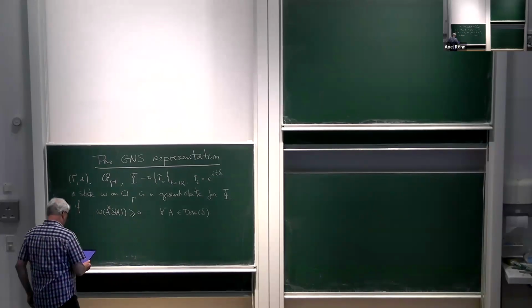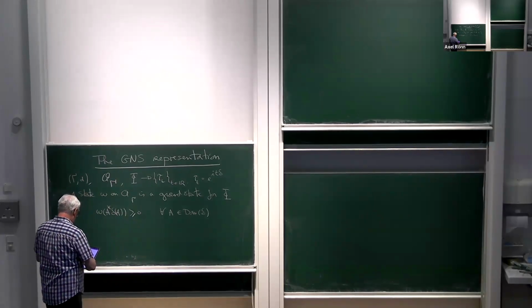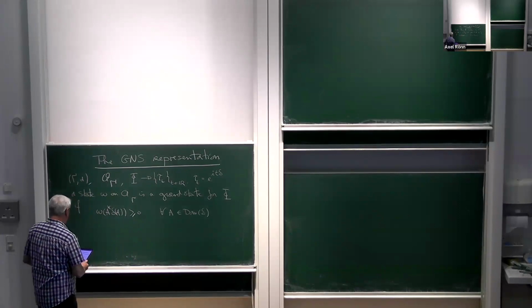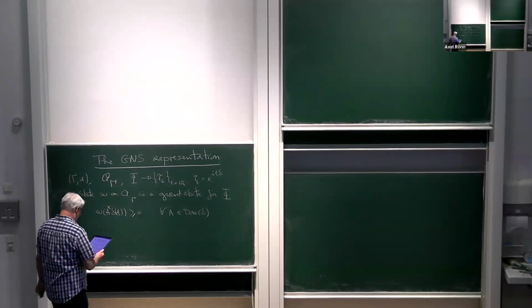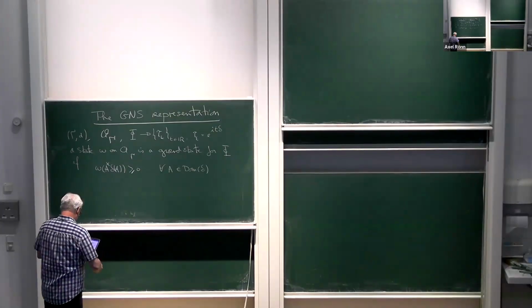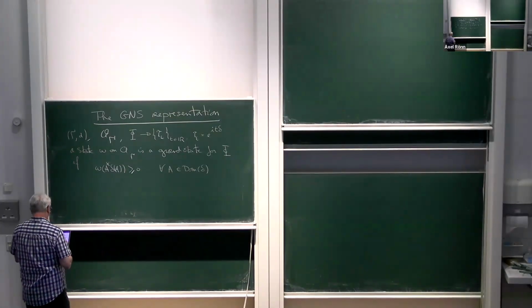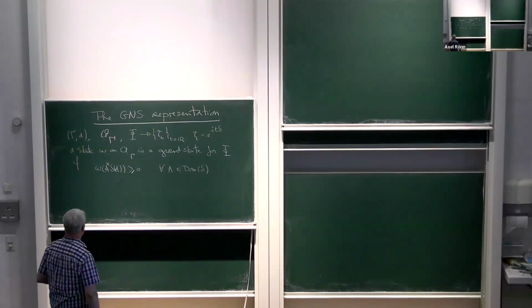So let's quickly recall what that is, and then look at some basic properties that give us confidence going forward. This GNS representation exists for any state of a C-star algebra.